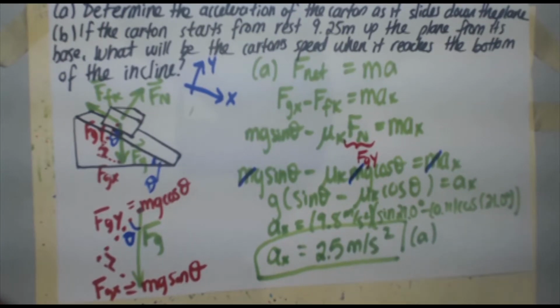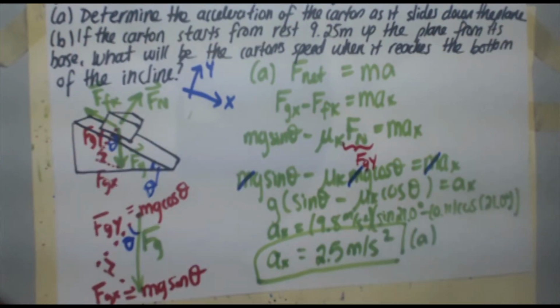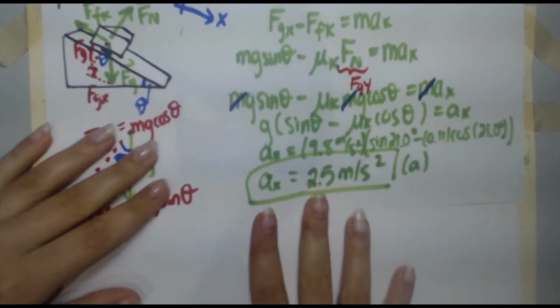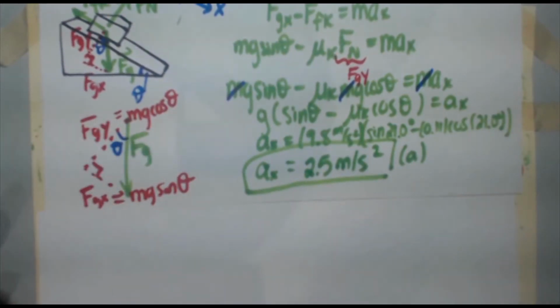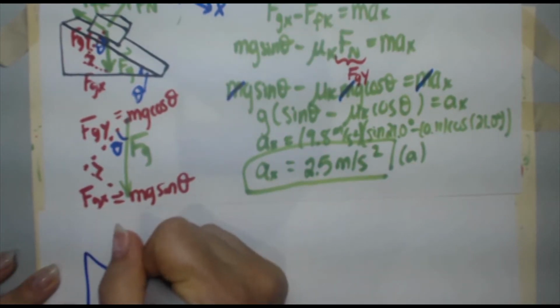There's the acceleration. Now, part B is actually rather straightforward, and it stems from kinematics. Part B says, if the carton starts from rest 9.25 meters up the incline, what's going to be the carton speed when it reaches the bottom? Just like in any kinematics problem, ask yourself, what do you know? Let me sketch the incline again, with a box on it.